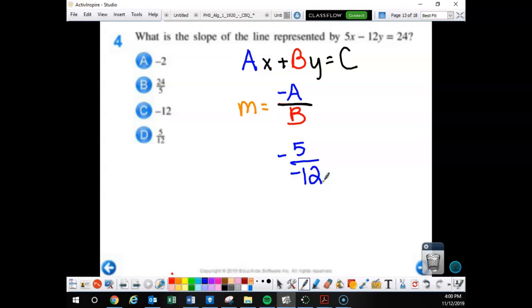So negative 5 over negative 12. Negative divided by a negative is a positive, so go ahead and choose your answer. Let's go on to the next one.